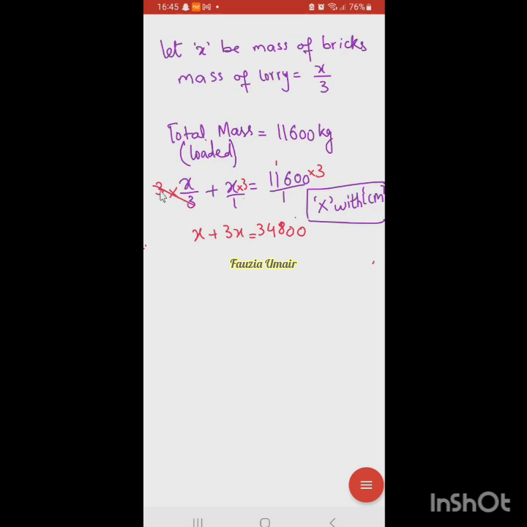Ma'am, अब जब in the LCM इस term first से multiply होगा, तो 3 will be gone. जब in the LCM इस first term से multiply fraction हुआ, it is 3x. इससे multiply हुआ तो it is 34,800. ये बिल्कुल वही चीज है जैसे हम कहते हैं ना, you can do any operation with the equation. तो हमने equation को 3 से multiply कर दिया. ठीक है?